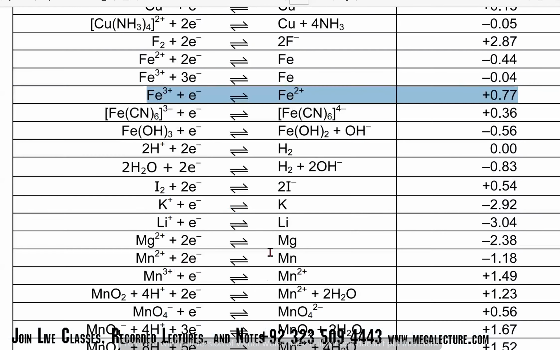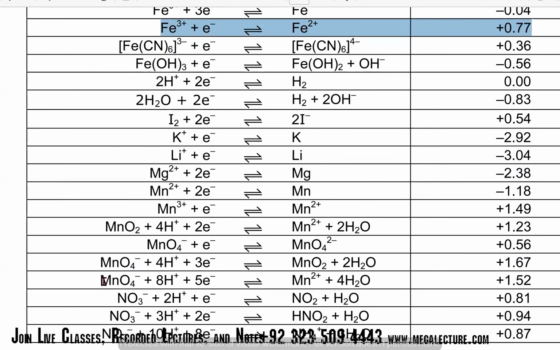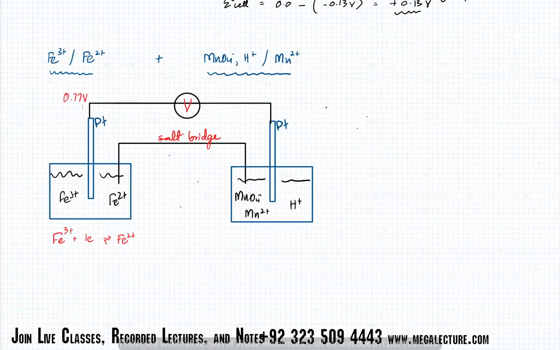I need to find that out. That's over here. It's this one, 1.52 volts: 8H+, Mn2+, 4H2O. Let's copy that.